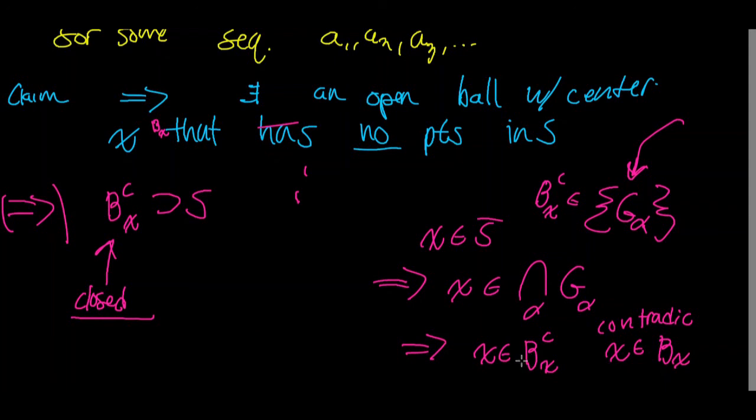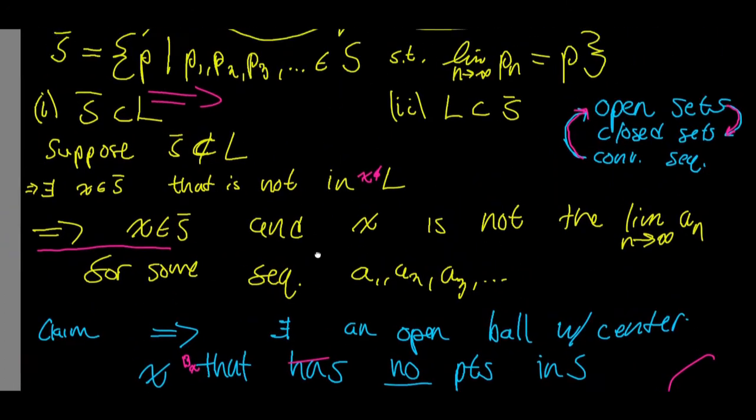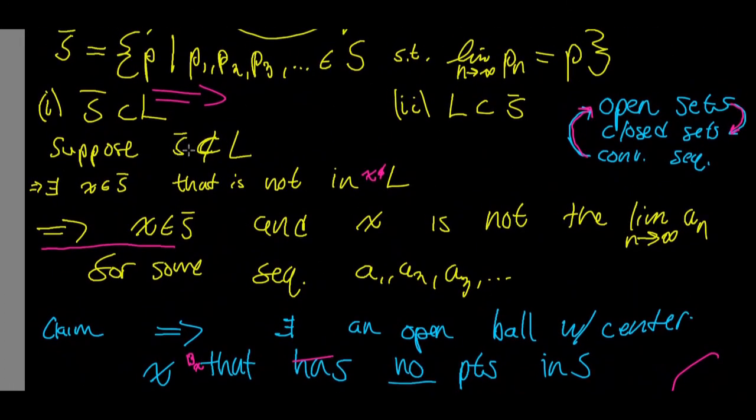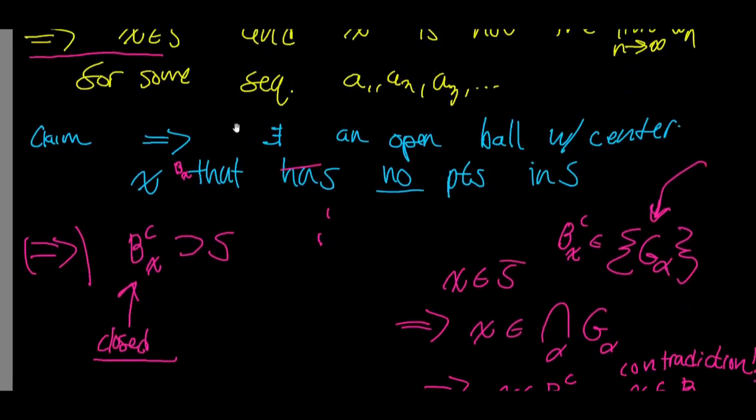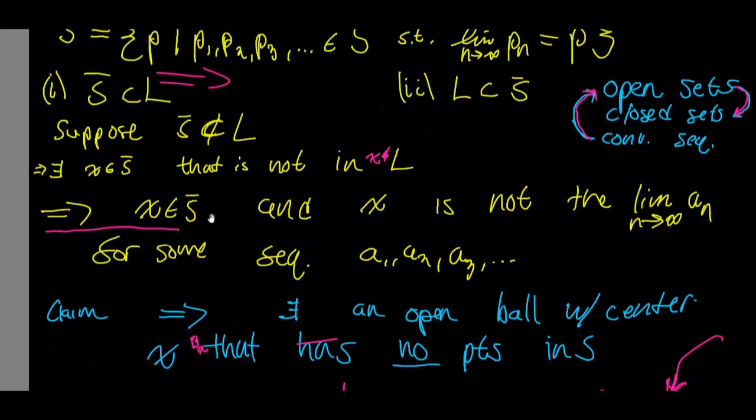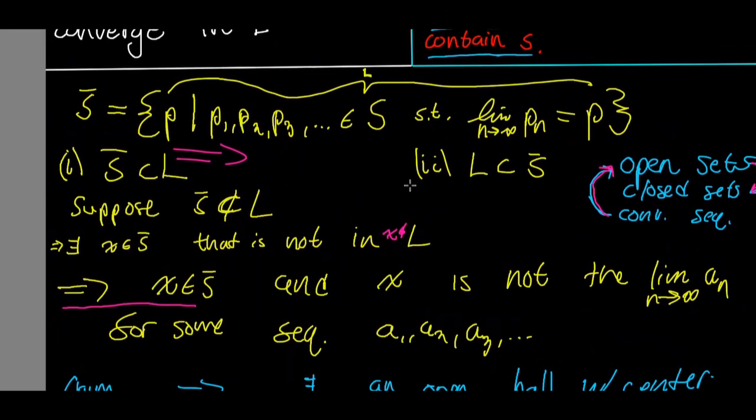And the complement of the open ball centered at x contains all points that are not in the open ball centered at x. So this is a contradiction. And so check this out. If I were to suppose that the closure of S is not a subset of L, then I would arrive at a contradiction. So therefore it must be a subset of L. And we'll prove the second part in the next video.